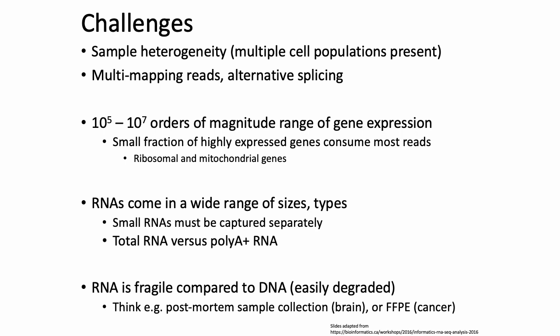And so typically you might have to perform multiple selection procedures in order to sequence, say, poly RNA versus small RNA, and so on and so on. And finally, again, as I mentioned with the RNA integrity slide, it's typically hard to get really high quality RNA across many samples.